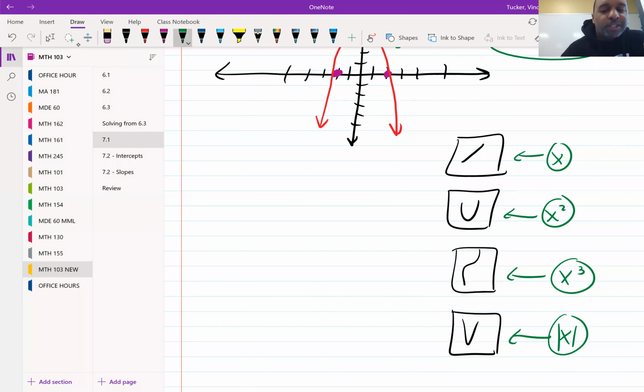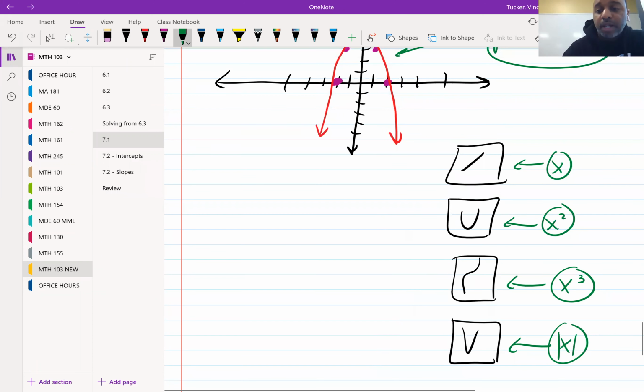If you have a cubic one, not sure if you're going to have one, but there will be a cubic equation button. And not sure if you're going to have absolute value, but there's an absolute value button as well. That's a V. So absolute value gives you a V. Parabola gives you a U. If you see any of those things and you're not sure, just feel free to ask the question, and I'll most definitely help you out.